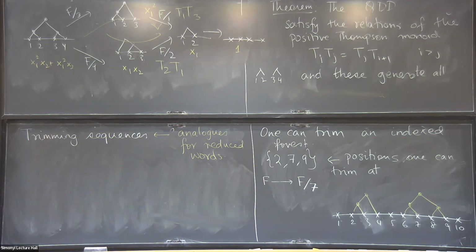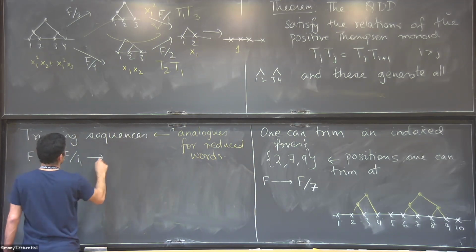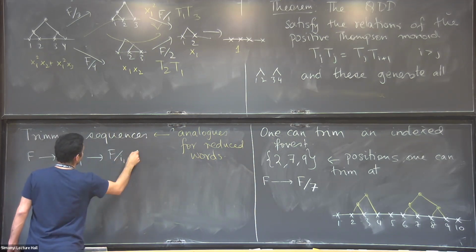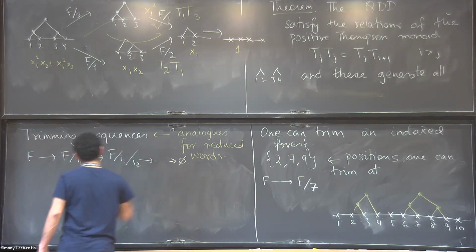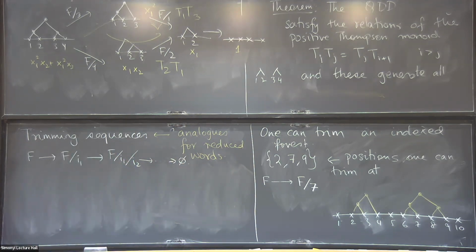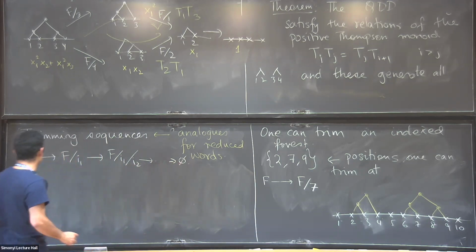So what is a trimming sequence? Well, you start with F, you maybe trim at some juncture I1, then you trim at some juncture in this new forest at I2, and so on. And finally, you get the empty index forest, then you can read off this sequence in opposite order.